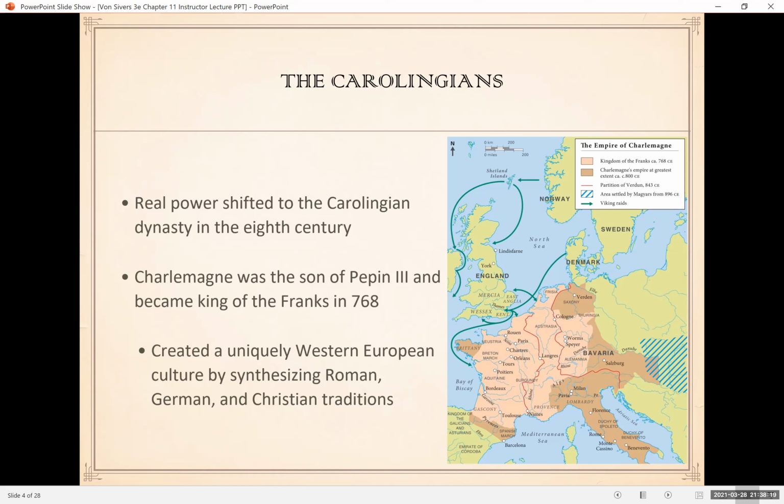So Charles is going to spread Christian traditions and build on some of the local traditions and try to bring back kind of the glory of what was a Roman Empire. He will take over a very large area of land and call it his empire.